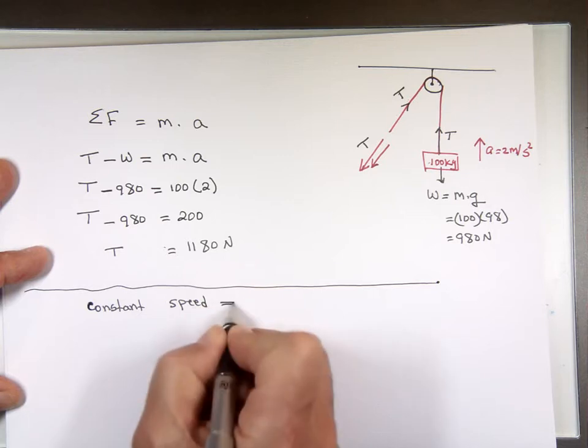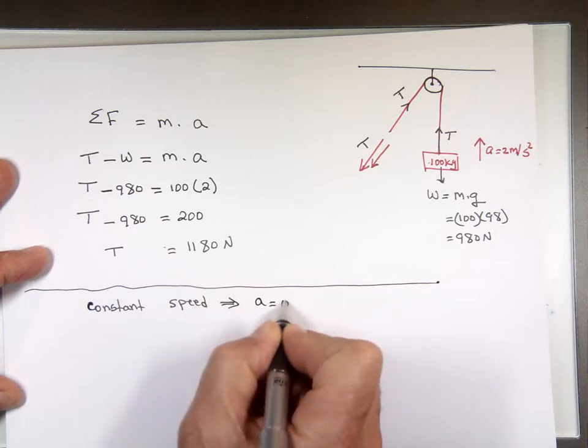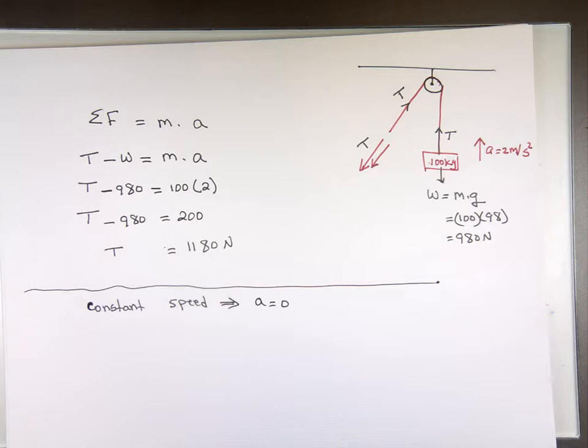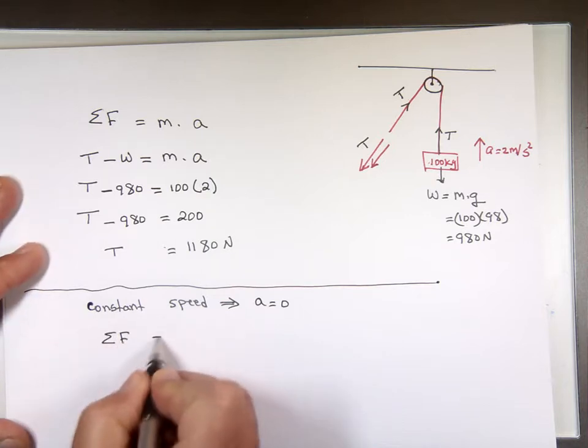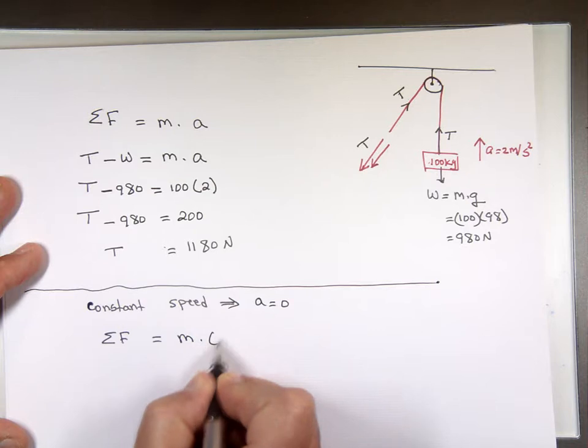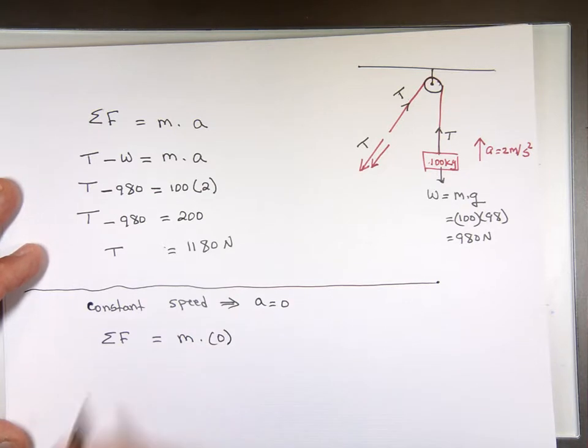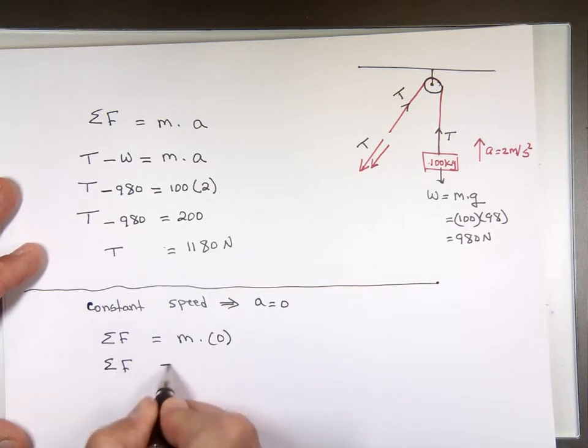that means your acceleration is equal to zero. It's the change in velocity over change in time. If your speed or velocity is not changing, your acceleration is zero. If your acceleration is zero, the net force equals mass times acceleration, and since the acceleration is zero, the net force will equal zero.